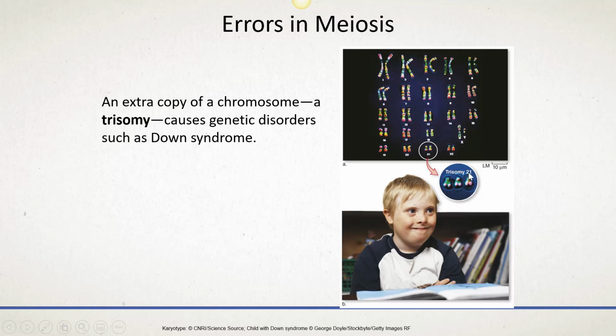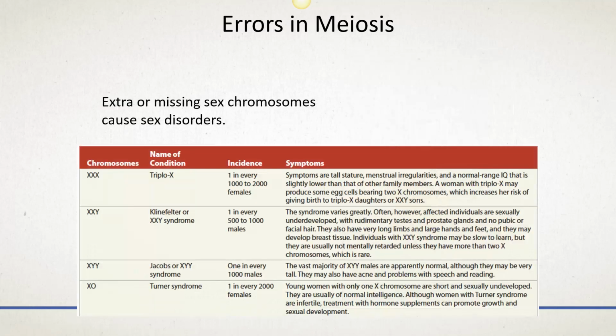So trisomy in the 21st location, trisomy 21, leads to Down syndrome. The XXX syndrome or triplo X syndrome leads to mental retardation and so forth. XXY, Klinefelter syndrome.